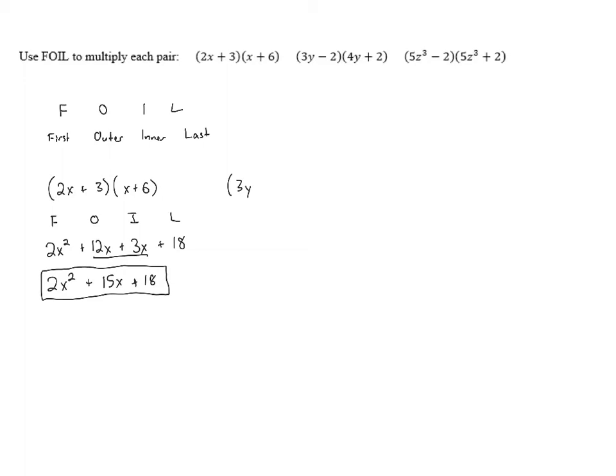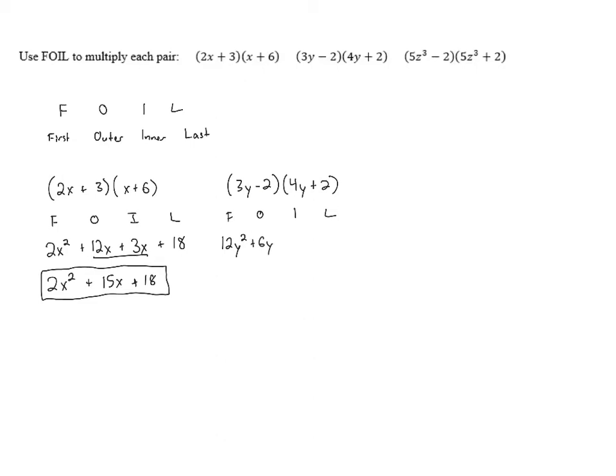Next, we have 3y minus 2 times 4y plus 2. And we're going to use FOIL here as well. If we multiply the first terms together, that's going to be 3y times 4y, which gives us 12y squared. Next, we'll look at the outer terms. 3y times 2 gives us 6y, and it's positive, so we'll be adding it.